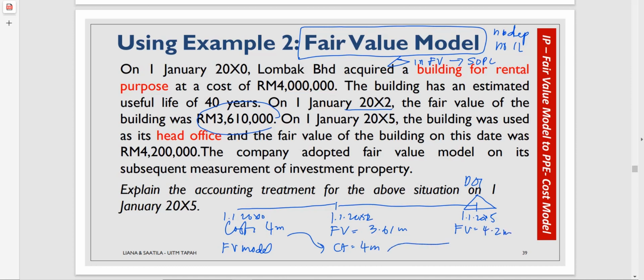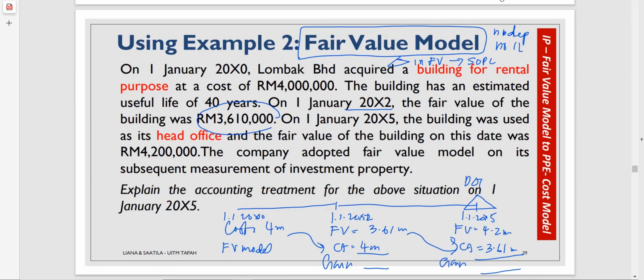So the first valuation, 3.61 million, will now be the carrying amount. So these changes will result in a gain, and this will also result in a gain.